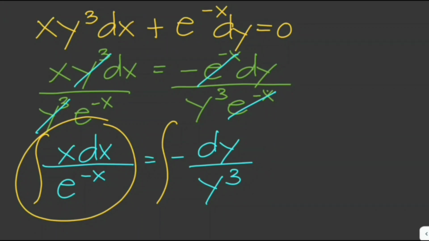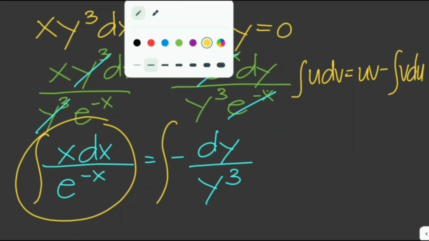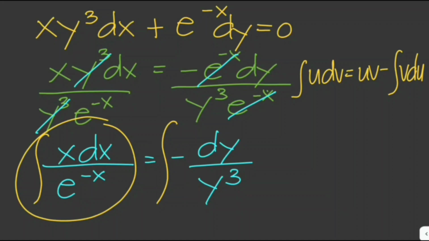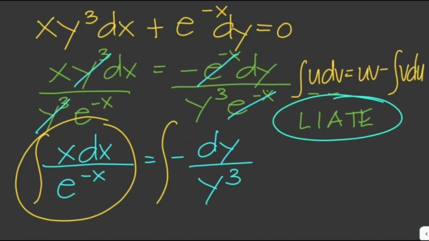Now let's recall the integration by parts formula, which is the integral of u dv equals uv minus the integral of v du. Now, how do we choose u and dv? We have a common mnemonic, which is LIATE.